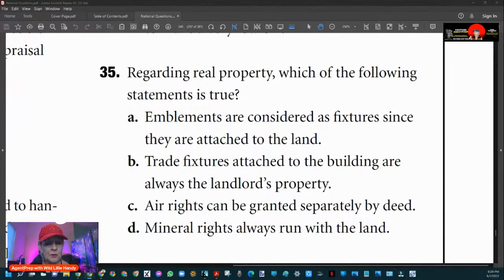The answer here is air rights can be granted separately, okay? Even though they're considered part of the real property, because land has the air above it, the surface, and below the surface. All that belongs to that land. However, whatever is in the earth has a separate value.